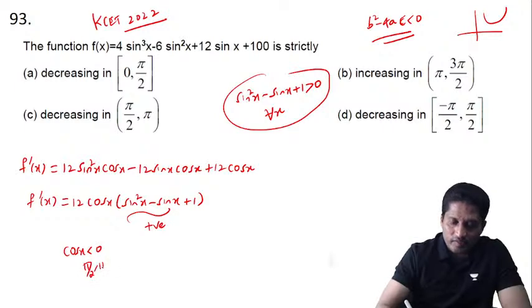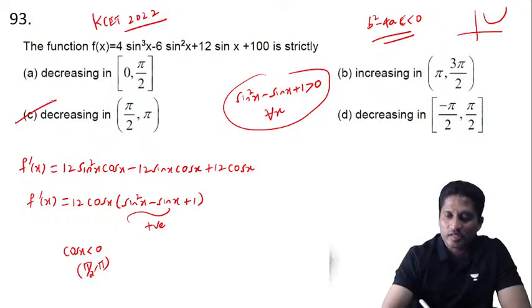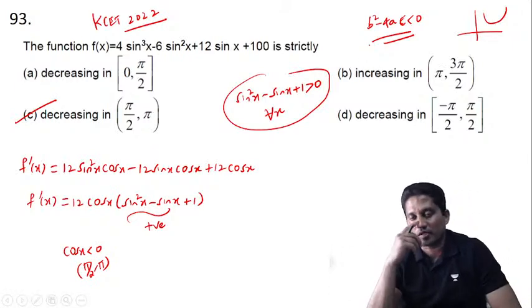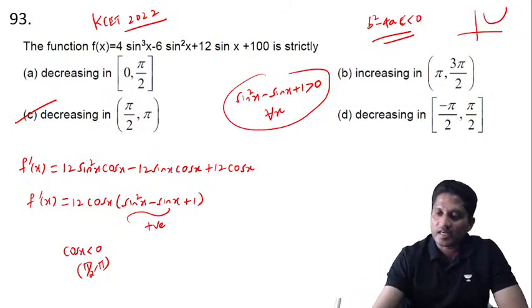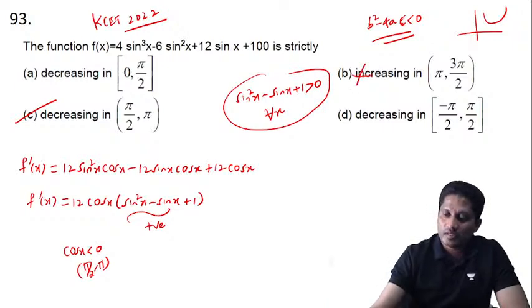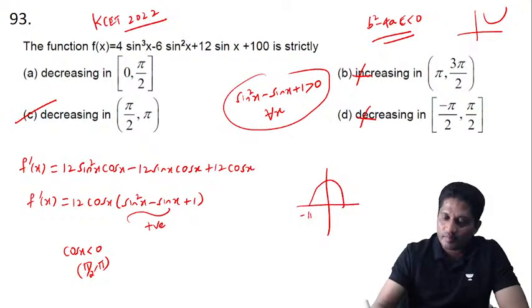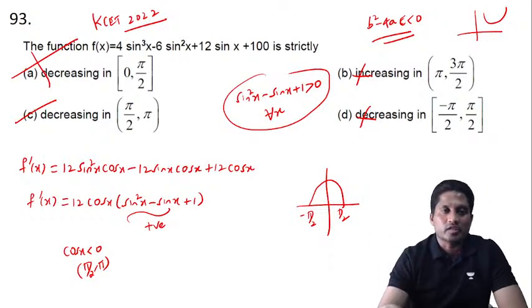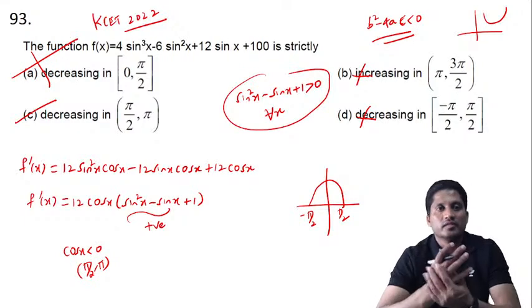Second quadrant only cos will decrease. Answer should be equal to C only. Increasing in pi and 3 pi by 2, that is not possible because cos is negative in third quadrant. Decreasing in minus pi by 2 to plus pi by 2, not possible because it will increase in minus pi by 2 to plus pi by 2. And decreasing in 0 to pi by 2, not possible because cos x is positive in first quadrant. Answer is option C only.